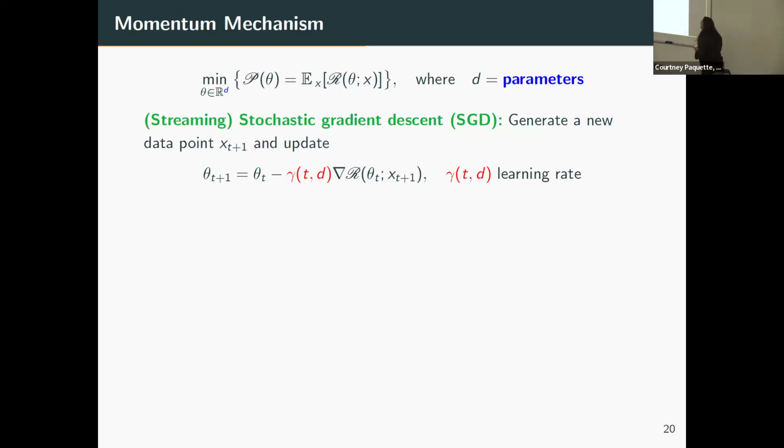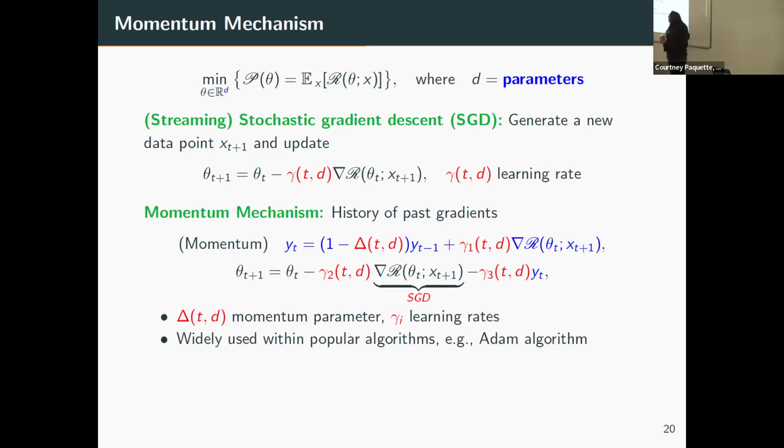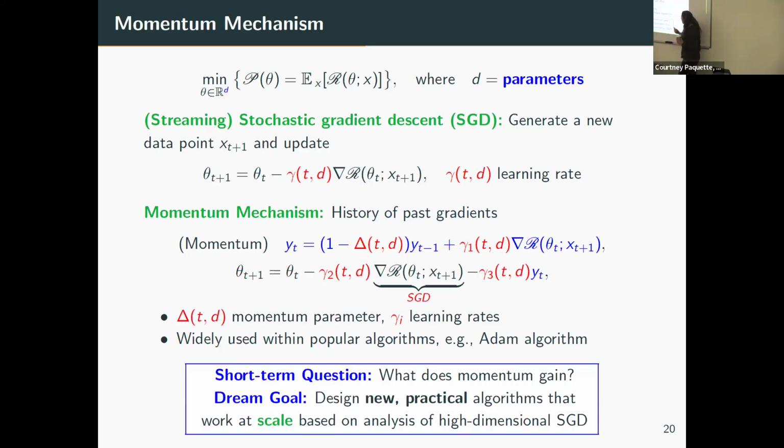So we wanted to ask this question, and we wanted to understand this on the simple model via momentum. Because in reality, people don't run SGD, they always run SGD with momentum. I'm sure everyone here has seen momentum before. So with momentum, I have my history parameter, and then I update in my parameter space with a gradient and a memory parameter.